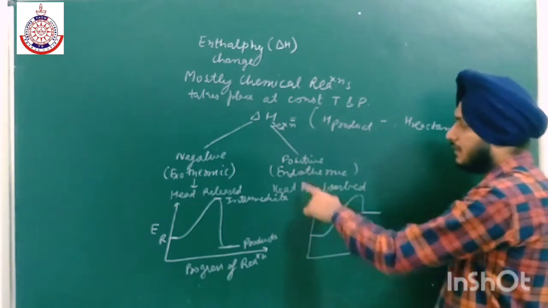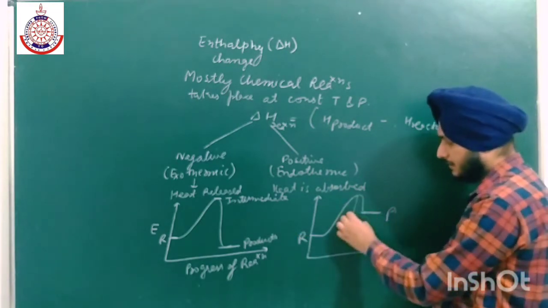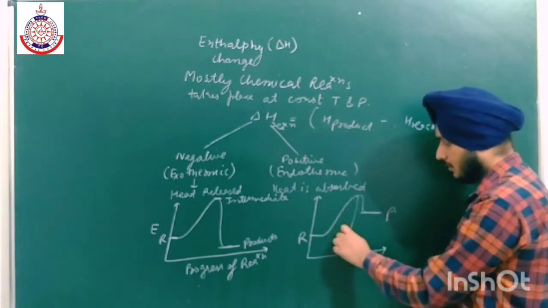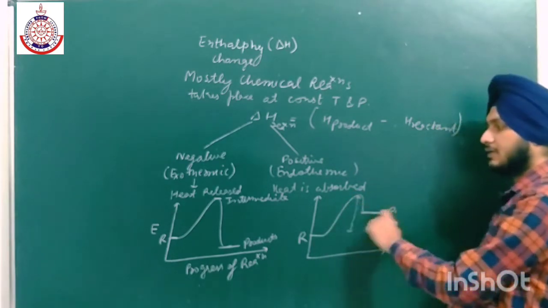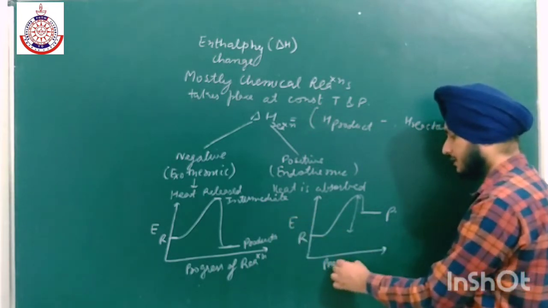That is why delta H comes out to be positive. This is the whole energy barrier.